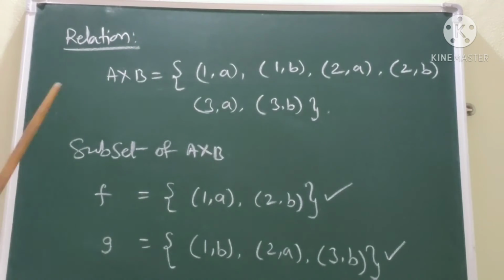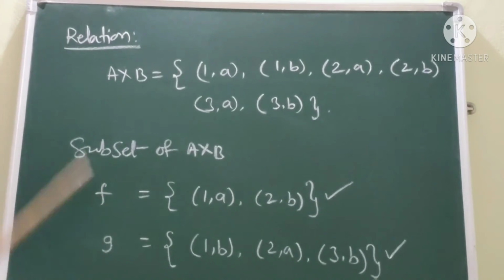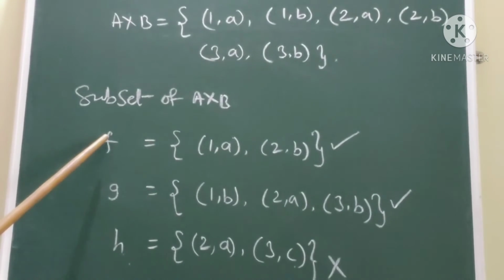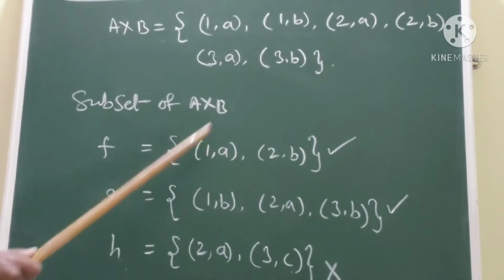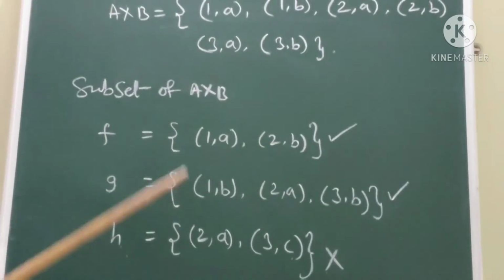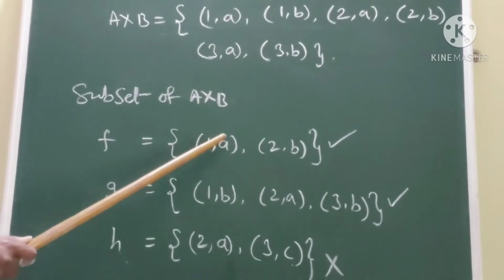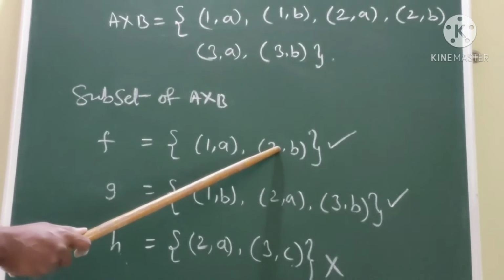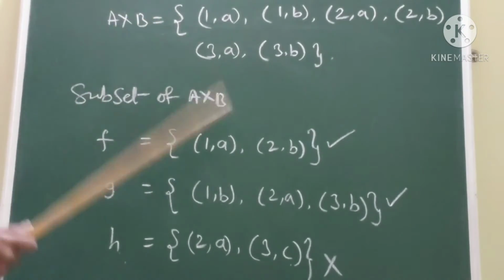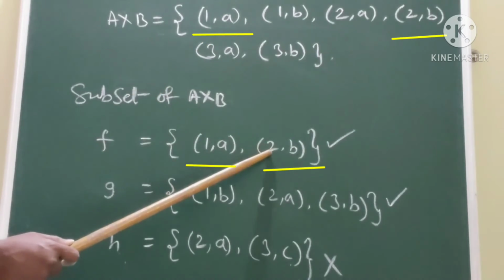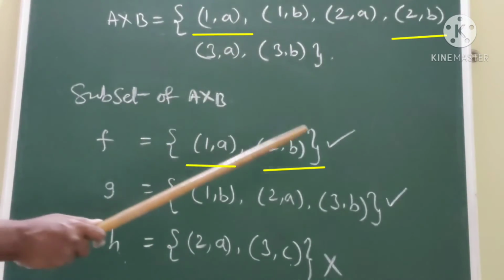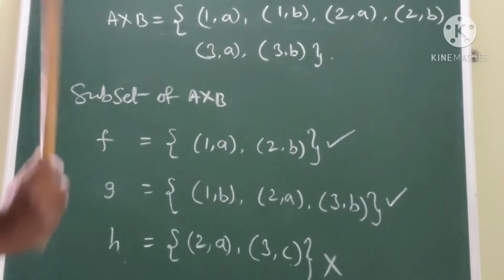For example, let us say F, the symbol of a relation, is equal to the set of, we can take (1, a), (2, b). Here we have to check whether these ordered pairs are contained in A cross B or not. Now let us see, (1, a) is there, (2, b) is also there. So this is an example of a relation.